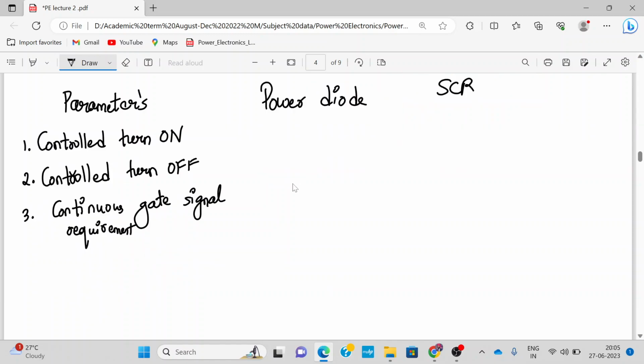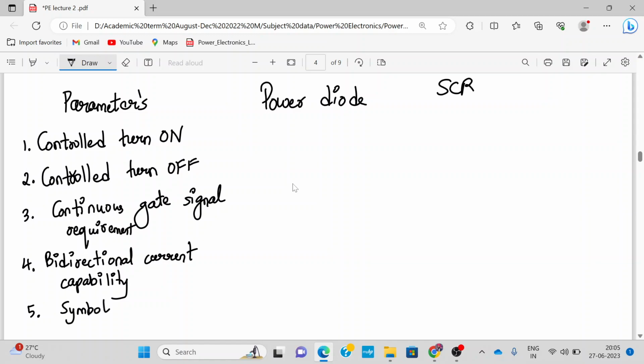Then we'll talk about bidirectional current capability. We are comparing power diode with SCR. And the fifth is to draw its symbol at the end. Alright, so let's talk about the parameters one by one.